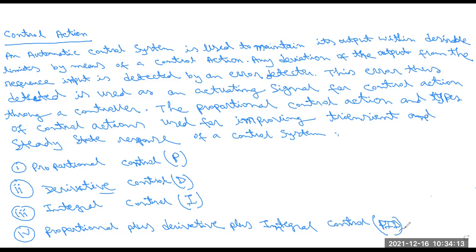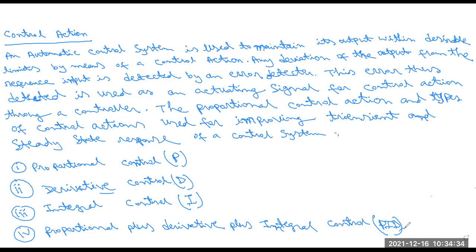So these four types of control we have to know: proportional control, P; derivative control, D; integral control, I; and proportional plus derivative plus integral, the PID controller.